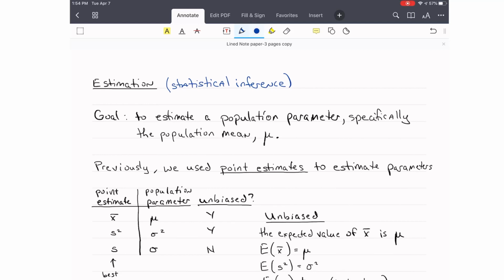If you remember at the very first day of the class, I told you that one of the main purposes of statistics was we want to find out something about a population, and to do that we take a sample. We want to know what mu is for the population.